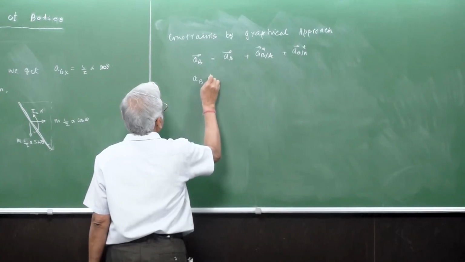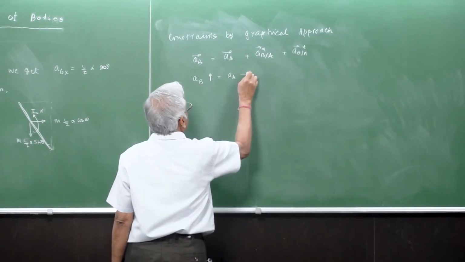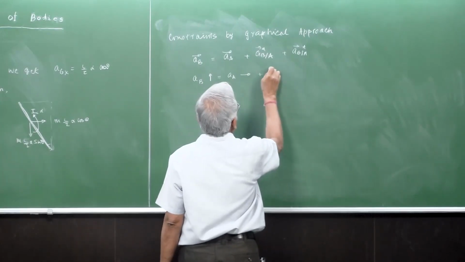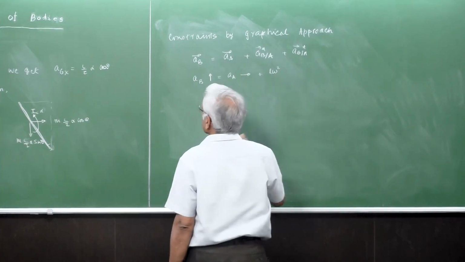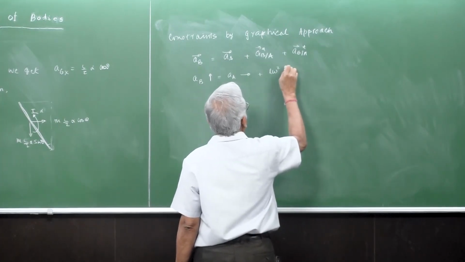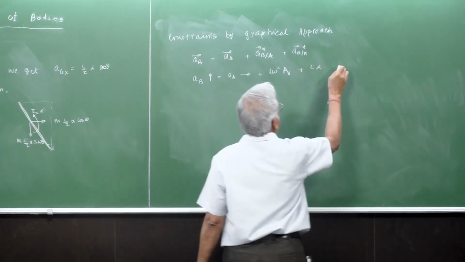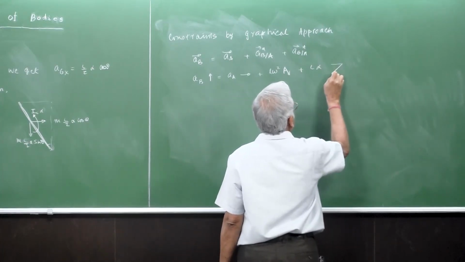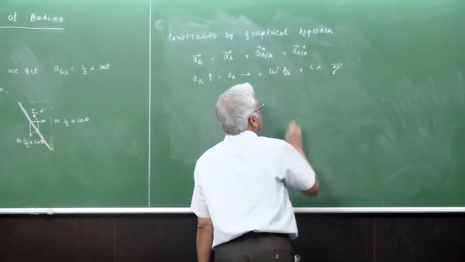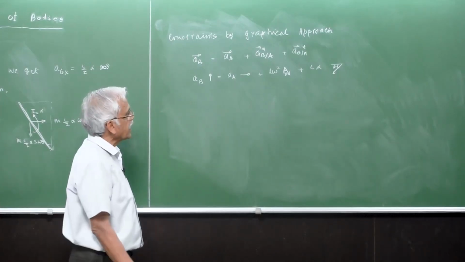Acceleration of B is only in the vertical direction, acceleration of A is in the horizontal direction, and this is L square omega, and then this is B to A in this direction, this is L alpha in this direction. Okay, so the directions have been shown here, right?